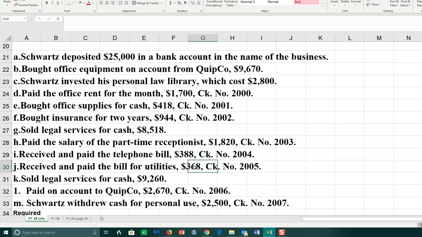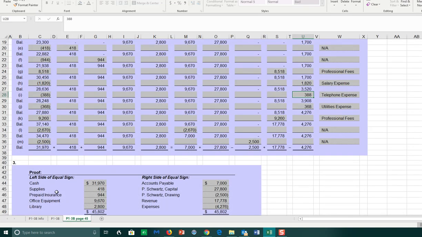Instead, we would show that we now have a liability for $368. However, as I said, in this case, the bill was paid, and so we're going to record the expense as well as the reduction in cash.